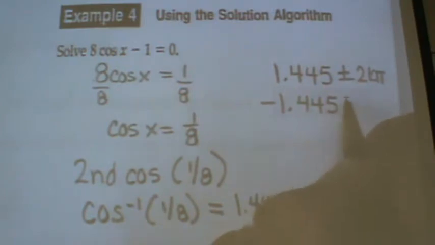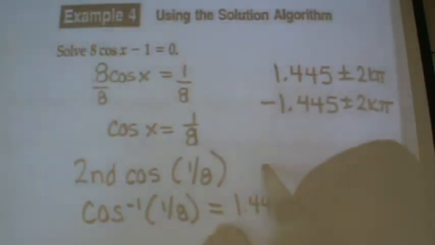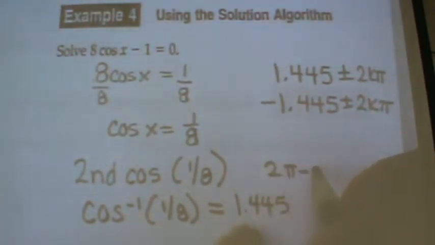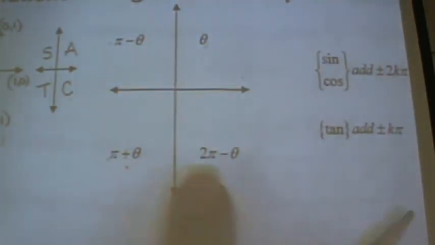I think going backwards sometimes is easier. Less work. So if you don't want to write this answer, you're going to do 2 pi minus 1.445. Why 2 pi? Because, back to this, if it's in quadrant 4, it's 2 pi minus that answer. So pi minus, pi plus, 2 pi minus.